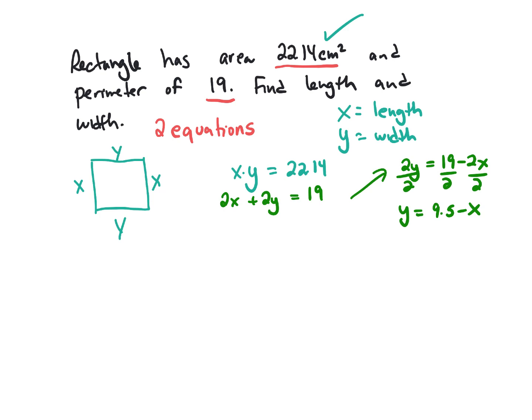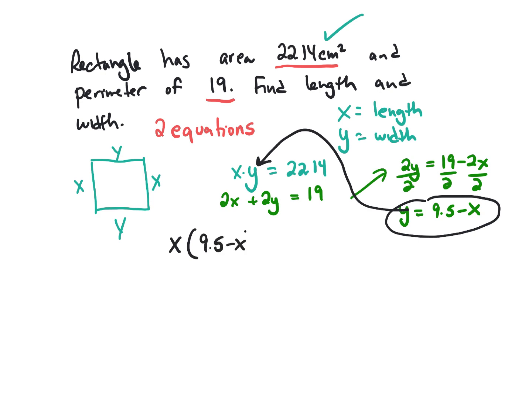Now these numbers, obviously, are not very nice, but we can deal with them. I'll plug this y into the other equation, like a general substitution, and the equation I'm left to solve is x times (9.5 minus x) equals 22.14.